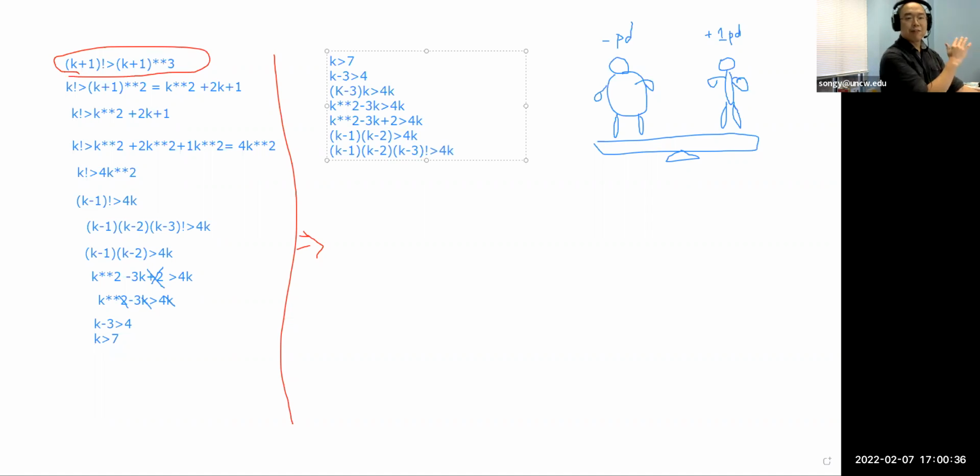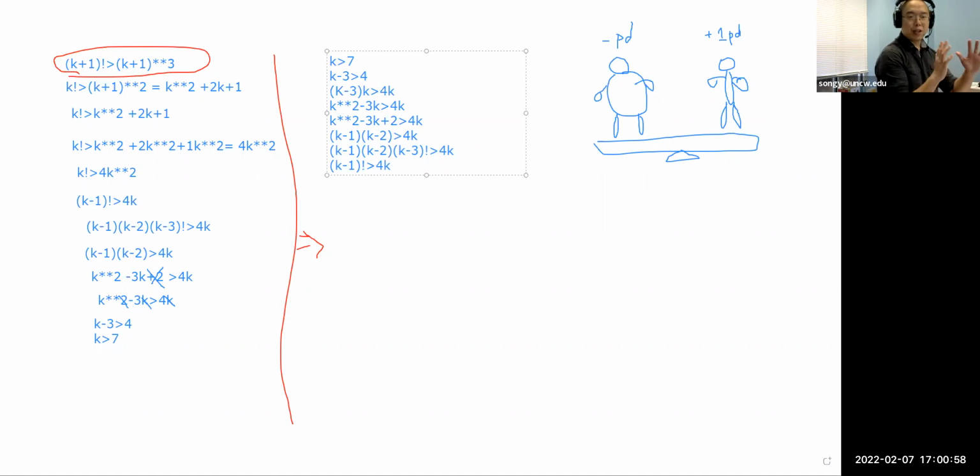So I'm making the left side even larger. And for this part, I'm going to rewrite the left part as k minus 1 factorial is greater than 4k.